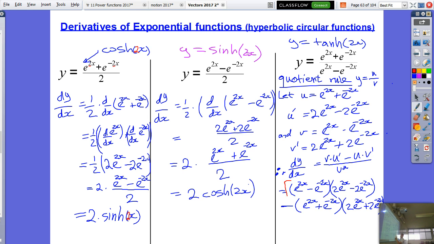And then all that is over our v squared: e to the 2x minus e to the negative 2x, all squared.